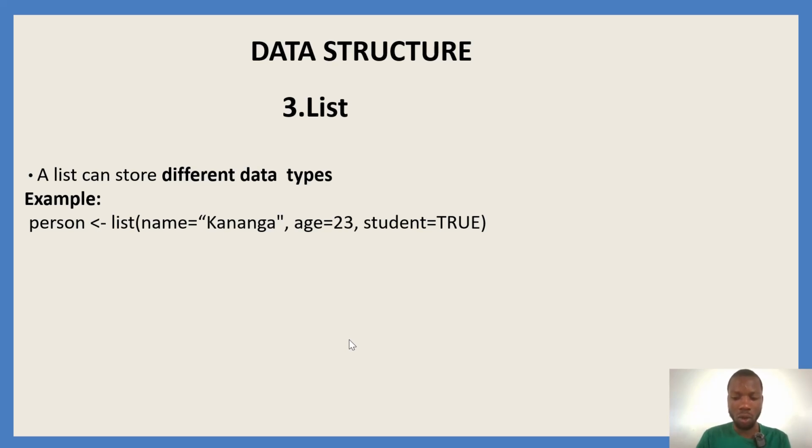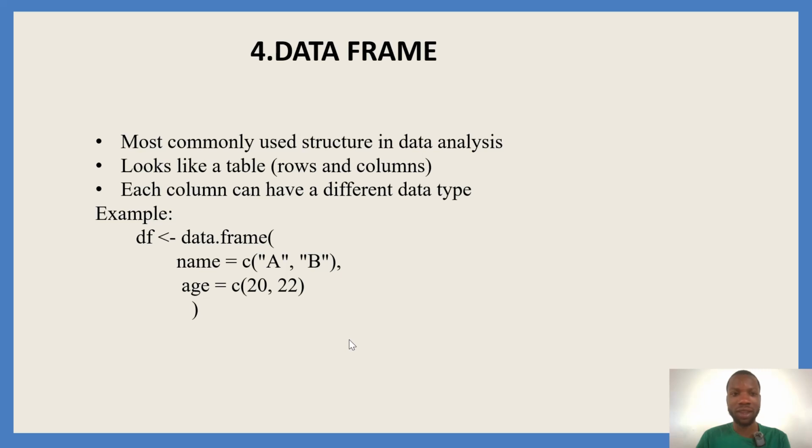But the common characteristic of a vector and the matrix is that both of them store data of the same data type, and the list can store data which has different data types, the same as the data frame. The data frame is also the most common data structure used by people dealing with data analysis, data science, statisticians, and mathematicians.